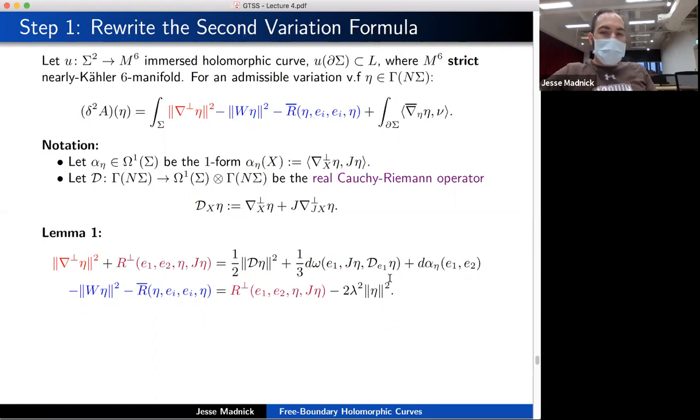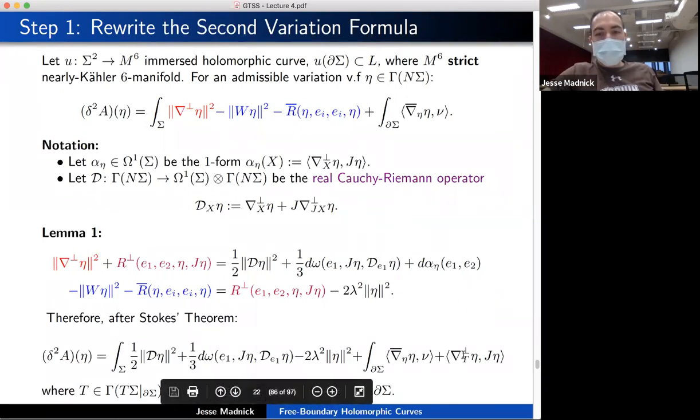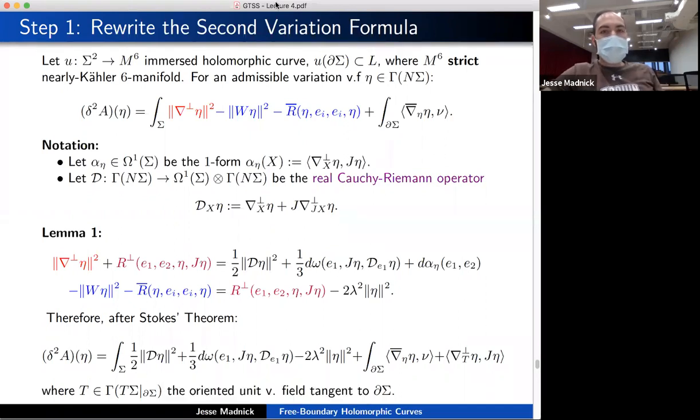The point is that when you add these two equations together, of course, the normal curvature terms cancel. That's very nice. And then if you apply Stokes' theorem to d alpha eta, you get this second boundary term here. And here's what you end up getting. Okay, so this is the suitable version of the second variation of area formula.